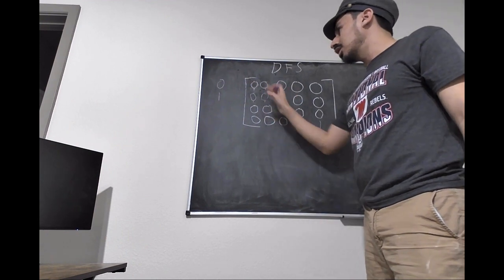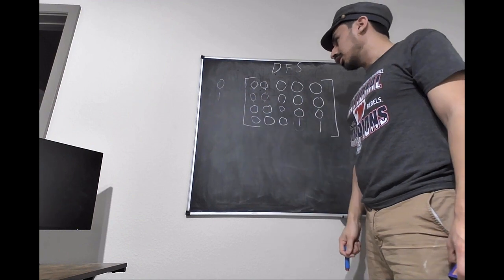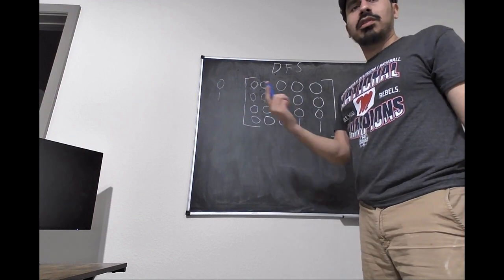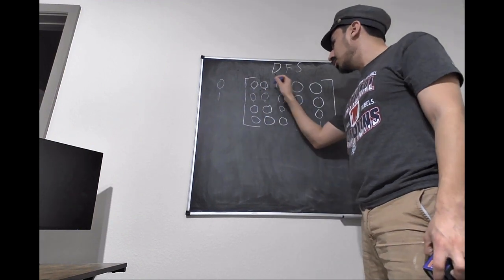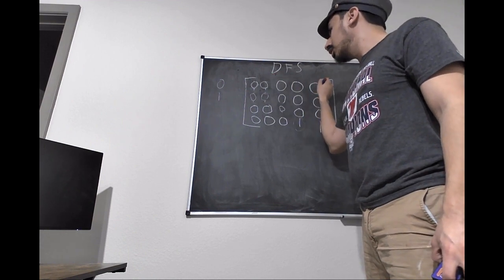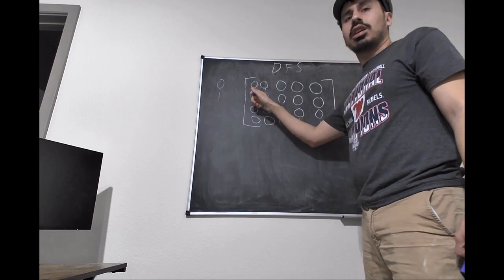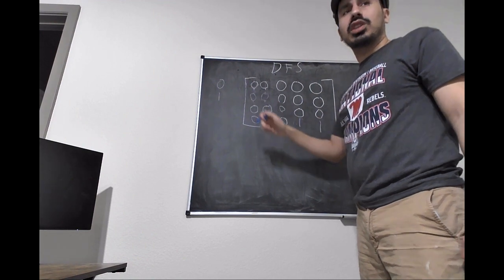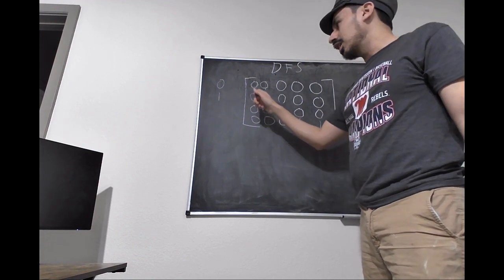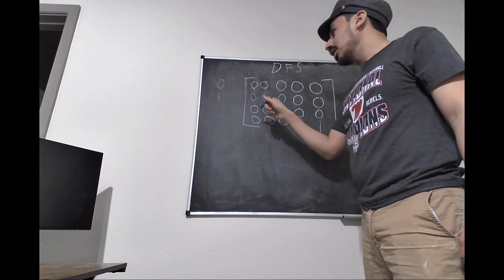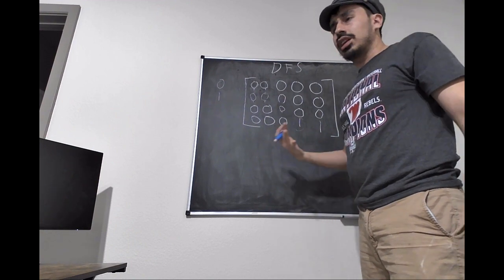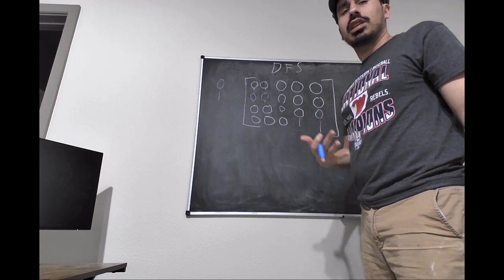Then after that's done, we're gonna have a 1 for our number of islands. I'm gonna keep going across. When we get down here, remember we marked it as 0, so we will not find another island. That's the whole point of marking them as 0, so we don't get the incorrect number of islands.